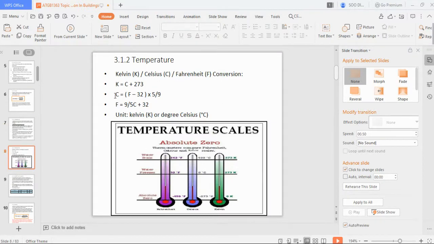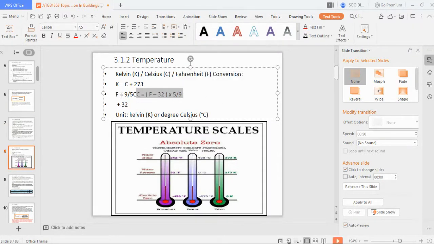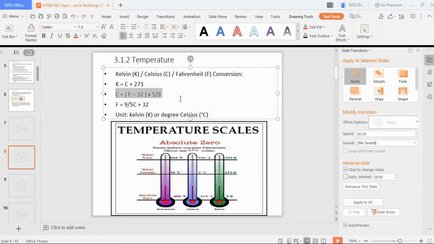The most famous scale is Celsius, which is always being mentioned. We have a few old styles of measurement, which are Fahrenheit or Kelvin. The funny thing about this is they are using different forms of measurement.